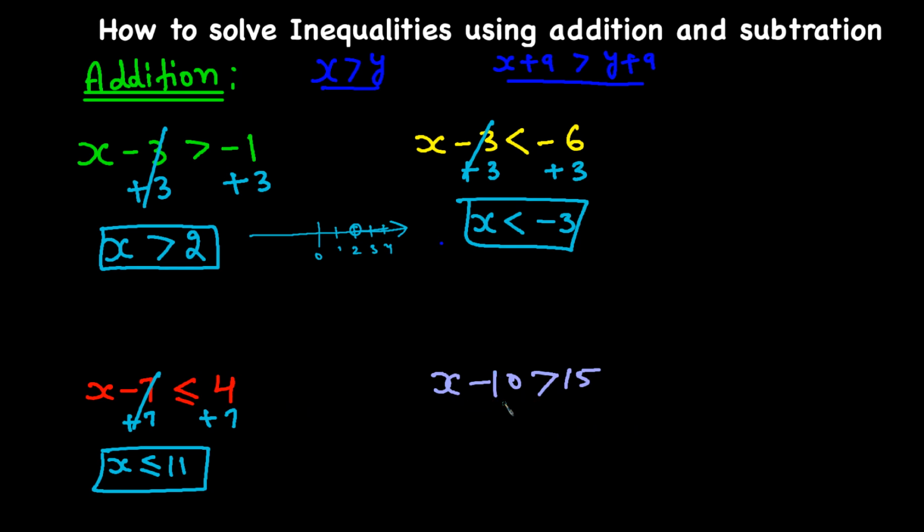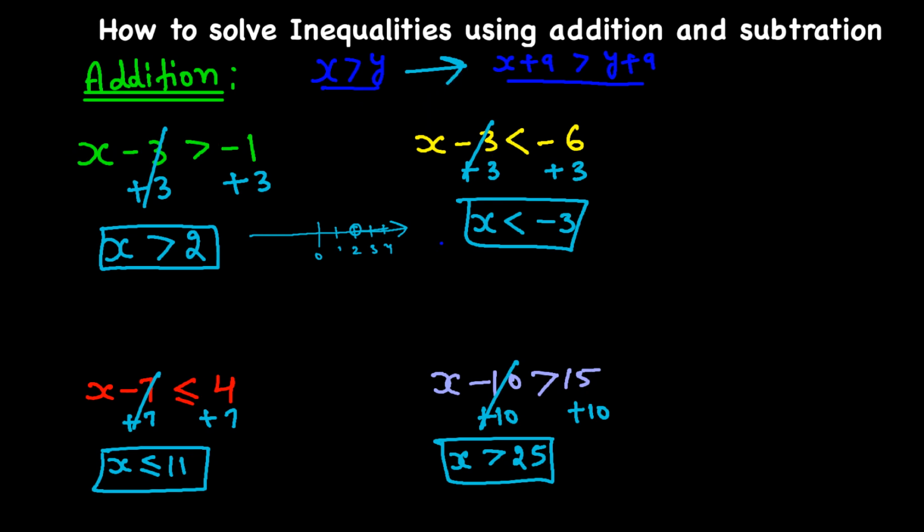So I want to get rid of this 10. So if I add 10 on both sides, 10 will get cancelled, so I'll get x greater than 25. So that's my solution. So again, adding the same number to each side of an inequality produces an equivalent inequality. Okay, so it does not change it.